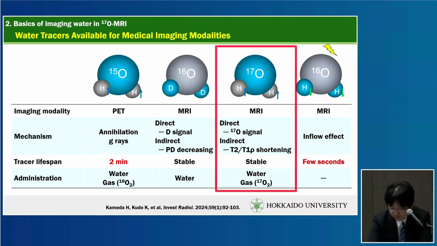Of these, we have focused on O17 water because unlike short-lived tracers such as O15 and magnetically labeled water, O17 water allows us to follow water dynamics over a long term.